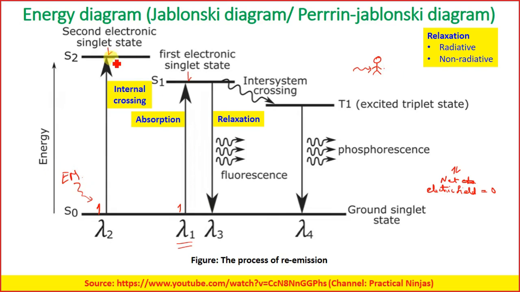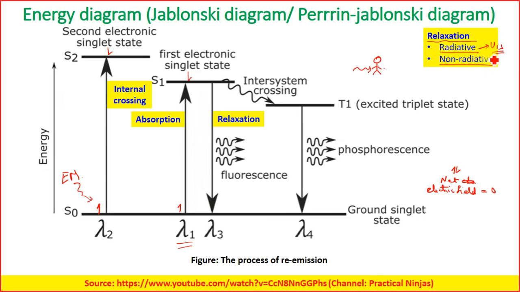Now due to that, the electrons have gone to the excited state. Now they have to relax back. The process of relaxation is divided into two parts, radiative and non-radiative. If it is radiative, then visible light is being emitted during the process.